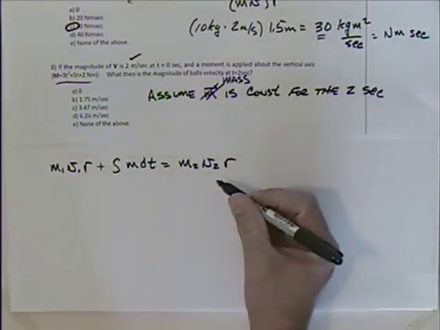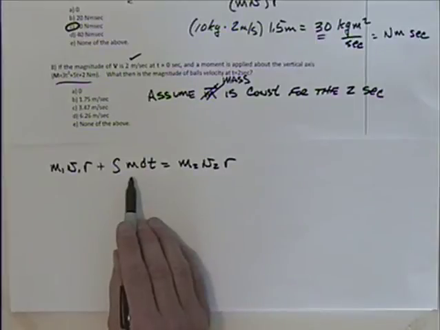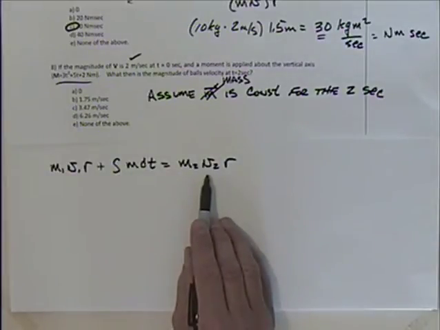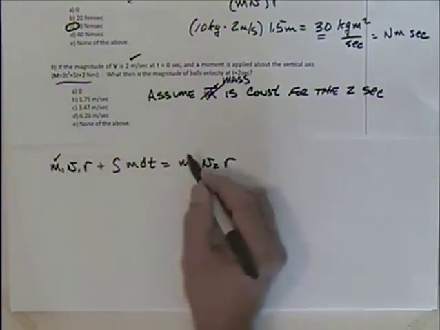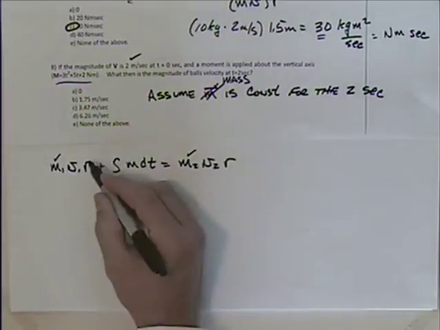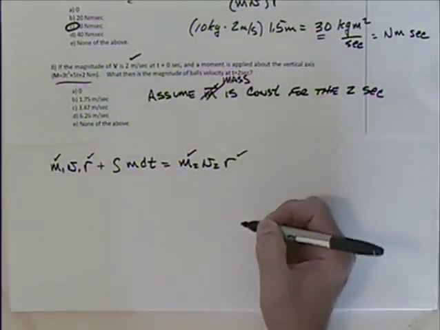Okay, so this is our initial angular momentum, and there's our angular impulse, and here is our final angular momentum. And we're going to assume that the mass terms are constant. We're also going to have this constant r, so this should hopefully be fairly straightforward.